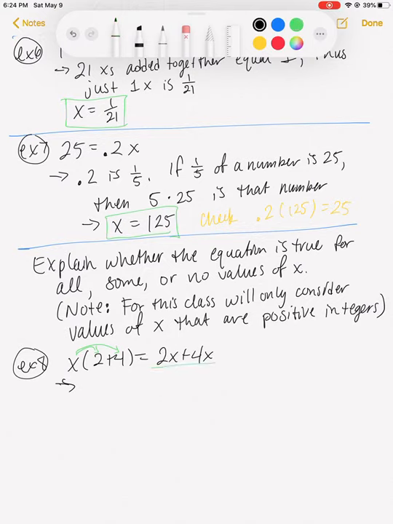The distributive property is valid for all values of x here. So this one works for all values of x. The equation is an example of the distributive property.